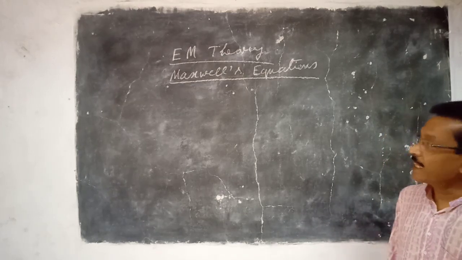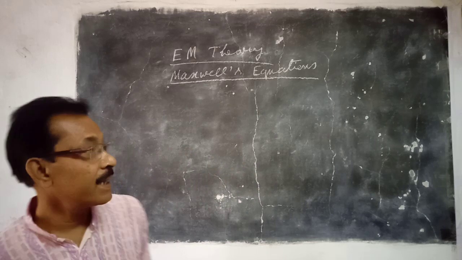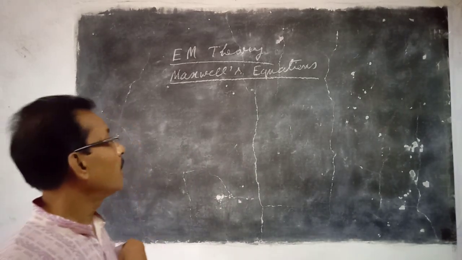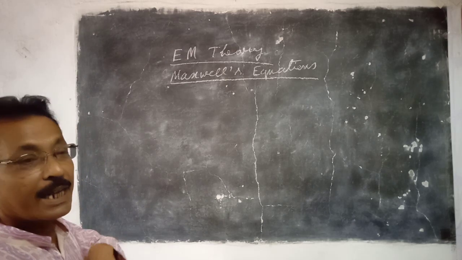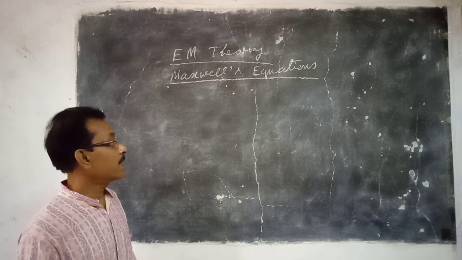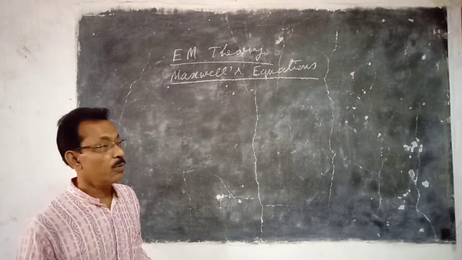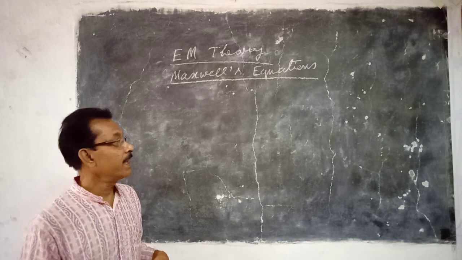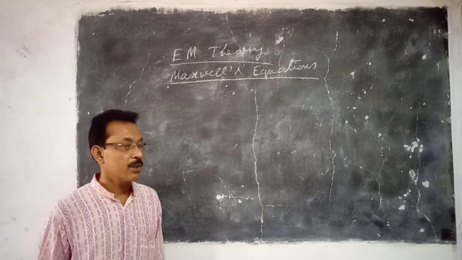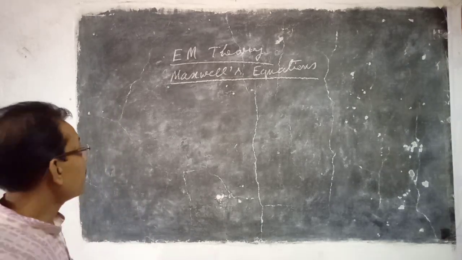In modern notation, these equations contain the divergence and curls of the electric and magnetic fields. The series of equations does not mean a large number of equations. There are only 4 equations which can explain all the phenomena of electromagnetism, and these 4 equations together are called the Maxwell's equations. Now, what are those equations?